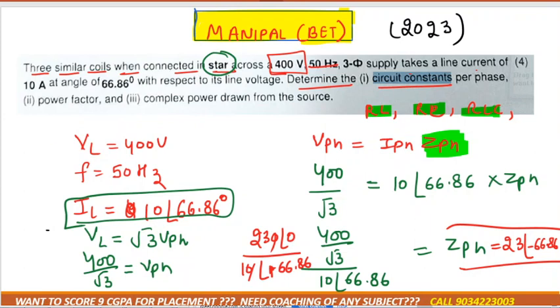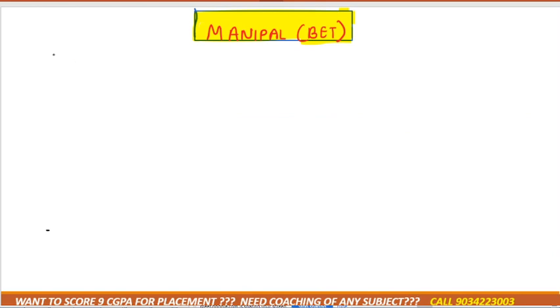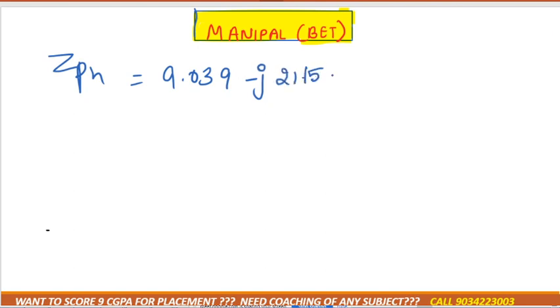Then if we solve it, you will get ZPH equal to 9.039 minus j 21.150. Okay, can you convert from the polar form to the rectangular form?